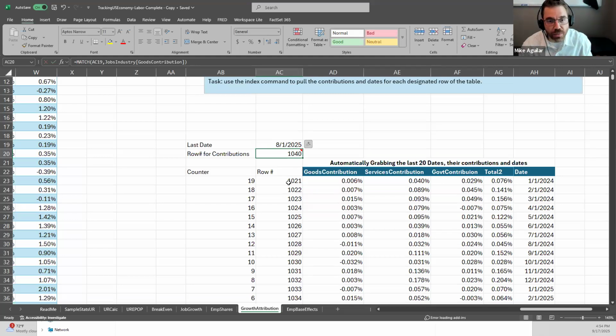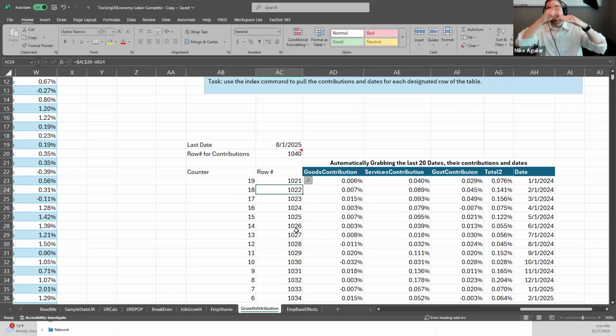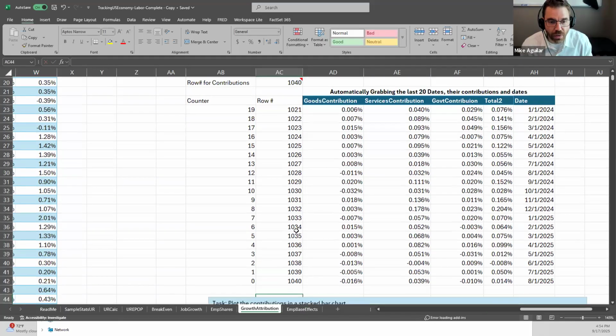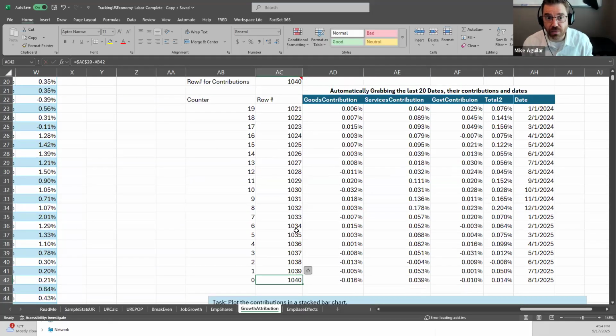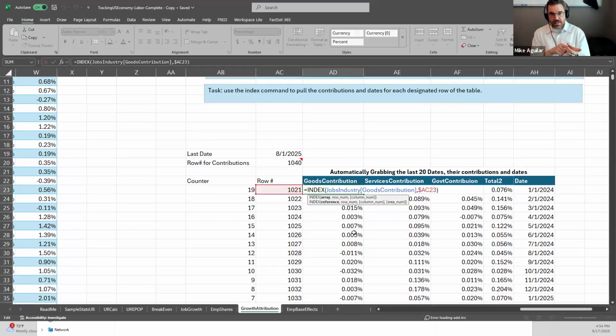Okay, so then I want to go 19 rows before that last row in the table, 18 rows before that last row in the table. And again, those rows are not the rows in the Excel spreadsheet, it's the rows inside of your table. So I want to pull everything from row 1021 all the way to 1040, the last one. And then I want to find in the goods contribution column the 1021 row. How do I do that? Index.